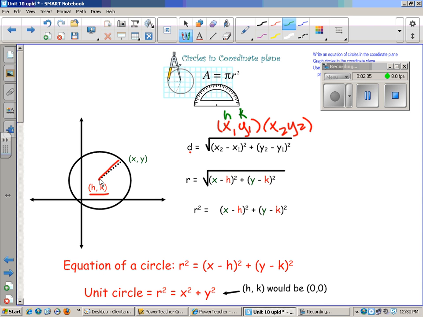So that changes the formula. I haven't really changed the formula itself, but I've just changed the letters in it. Instead of D equals x2 minus x1, I've written r equals x minus h, because h is the x term of this point. And then plus y minus, and instead of y1, I made it k, squared. Yes?